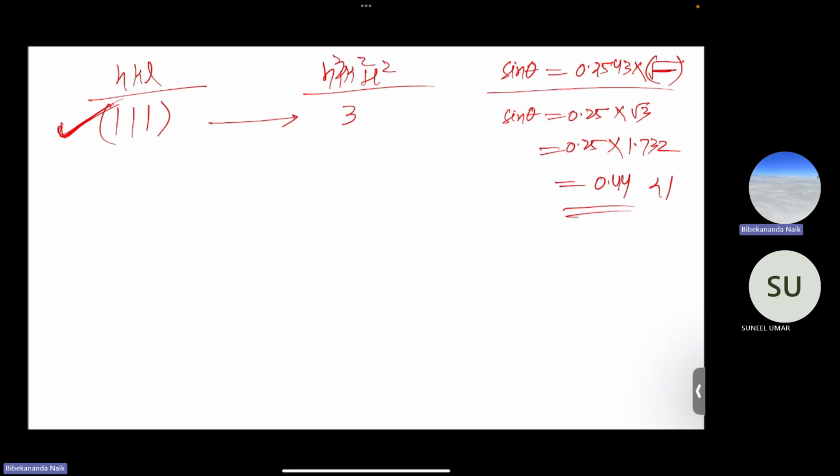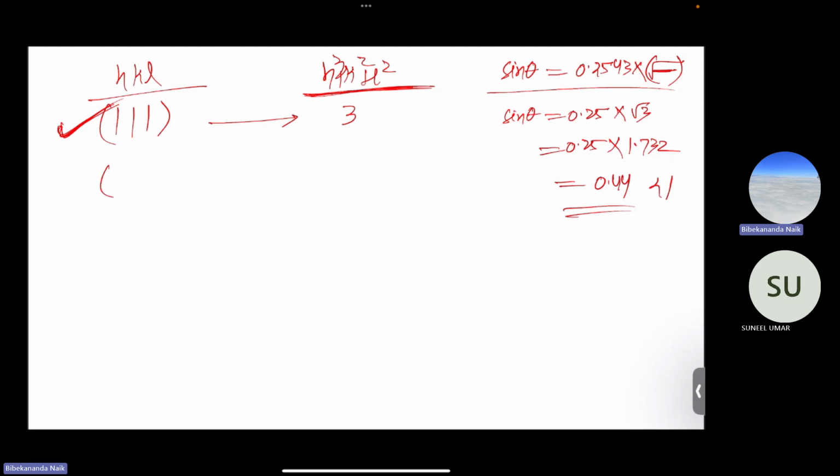Then what will be the next member in this HKL series? We need the next higher value of h square plus k square plus l square. Is it 2, 2, 2?